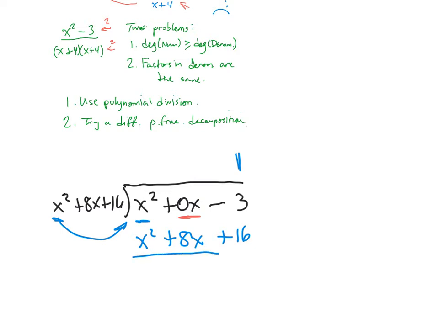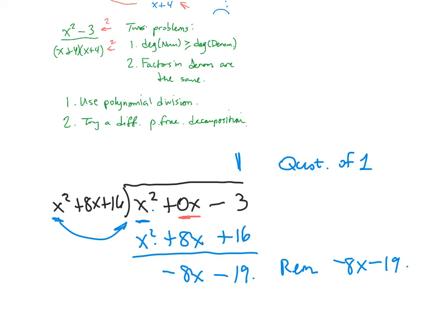And subtracting gives us negative 8x. These two, of course, cancel out. 0x minus 8x is minus 8x. Negative 3 minus 16 is negative 19. So this tells me that I have a quotient of 1 and a remainder of negative 8x minus 19.